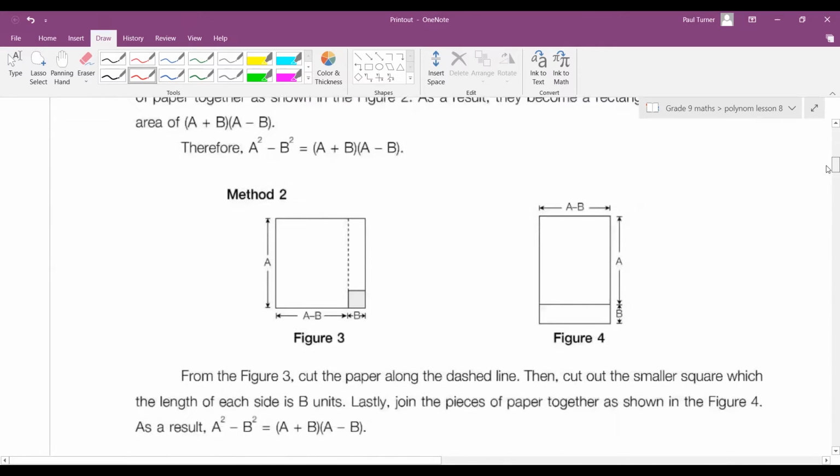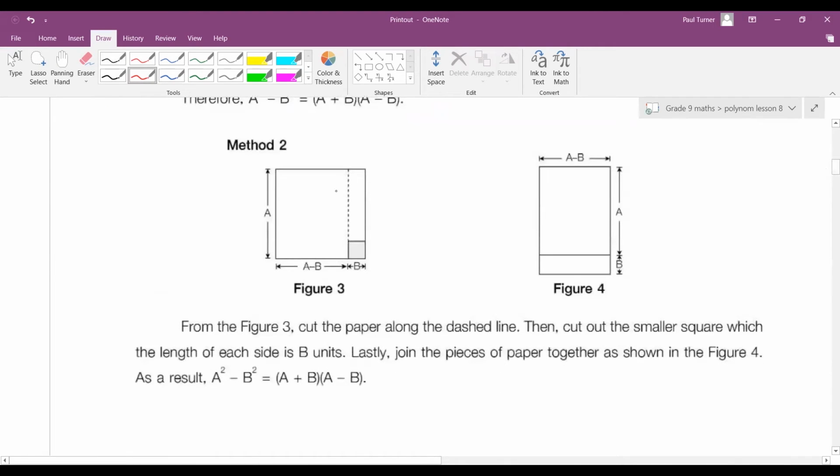And this is the way that I showed you, I think, last week or the week before, where we have a diagram where this length here is a. And so they cut this piece off and put it down here. So they just rearranged it.